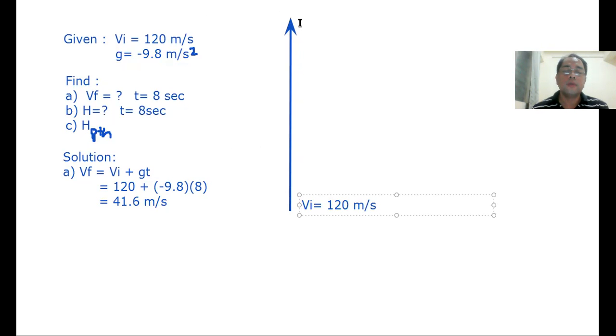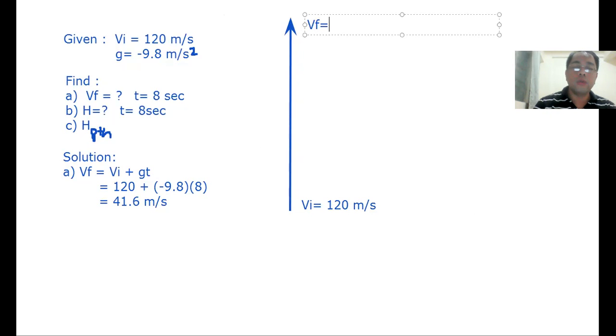When objects go up, they tend to slow down and eventually come to a stop. So you cannot say that the object will continue to increase its speed. So the bullet, once it reaches this particular height after this given time, will slow down to only this value. So this is for 8 seconds.